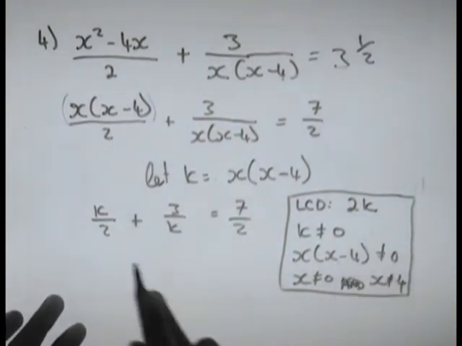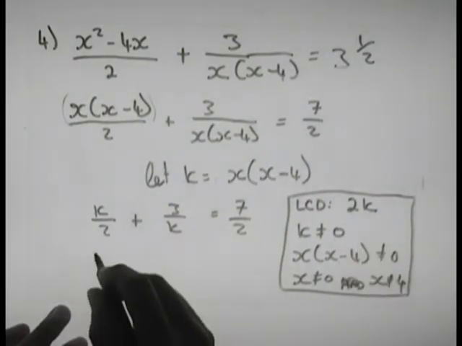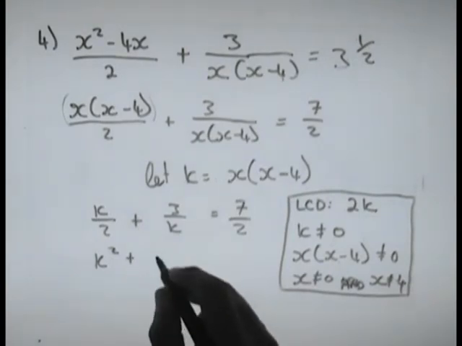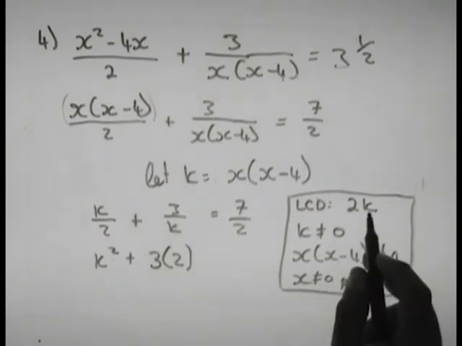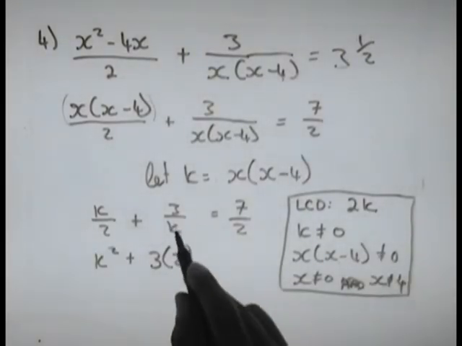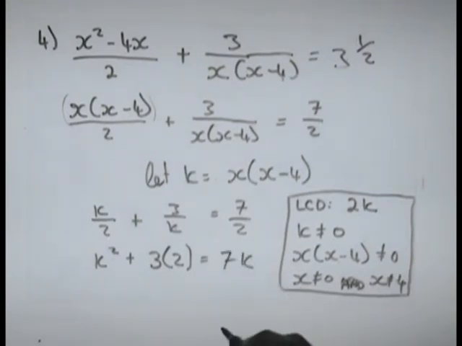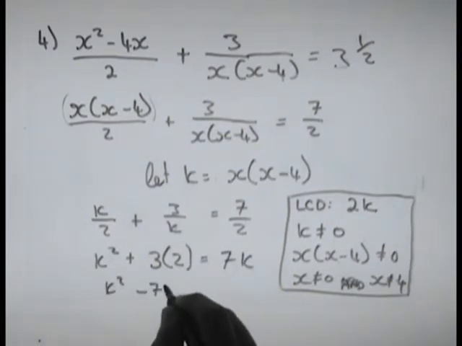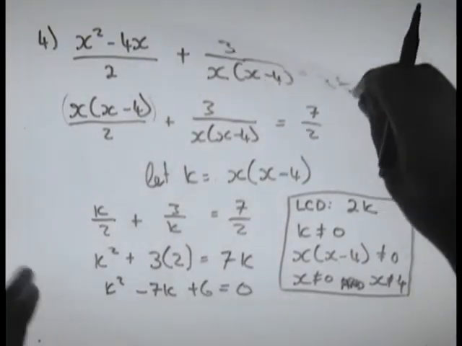With an LCD of 2k, this will have to be multiplied by k to become 2k, which means that what we do to the bottom we do to the top. That's k squared plus 3 times 2. K to 2k goes twice. What we do to the bottom we do to the top is equal to 7k. That means that k squared minus 7k plus 6 is equal to 0.